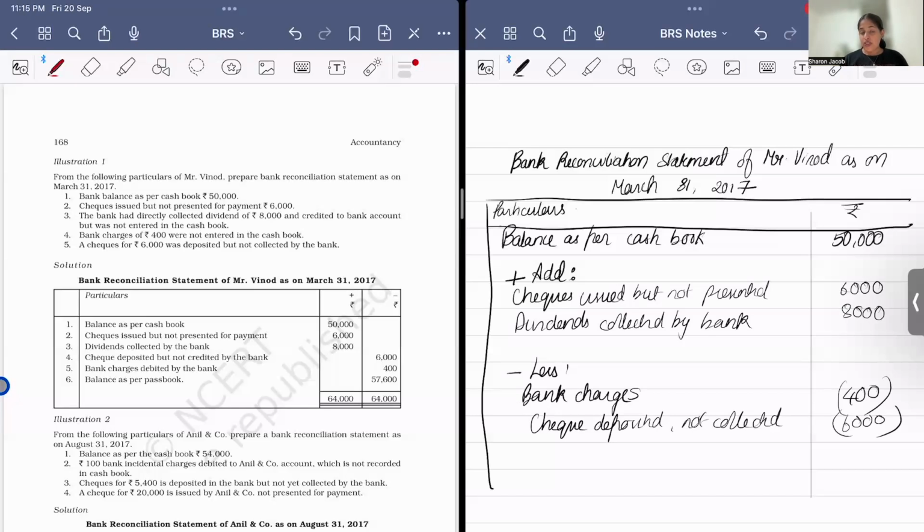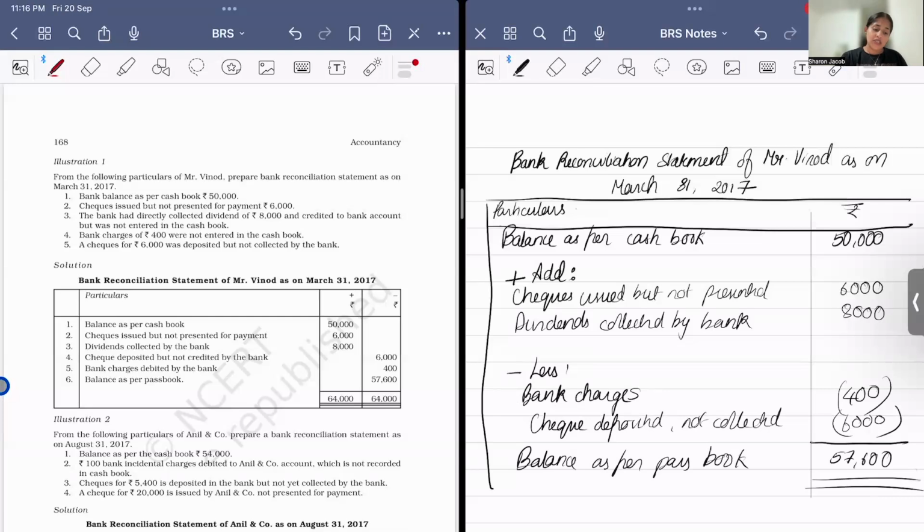So 50,000 plus 14,000 will be 64,000. 64,000 minus 6,400 will be 57,600. What will this be called? Balance as per passbook. So I hope with this example, you have understood what bank reconciliation is.